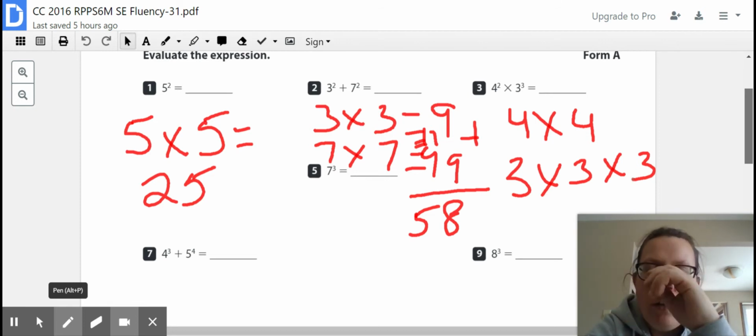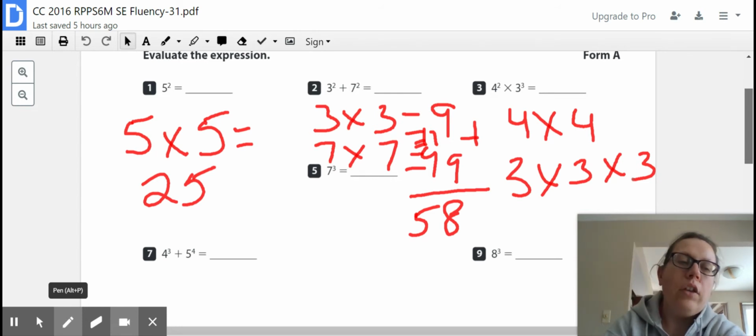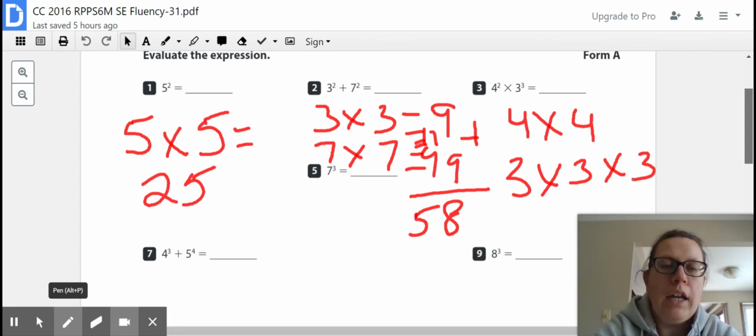Now, when you are doing the multiplication, you can write it out, and you can use a calculator to find the answer, or you can use the multiplication chart that I've provided you in the Google Classroom.